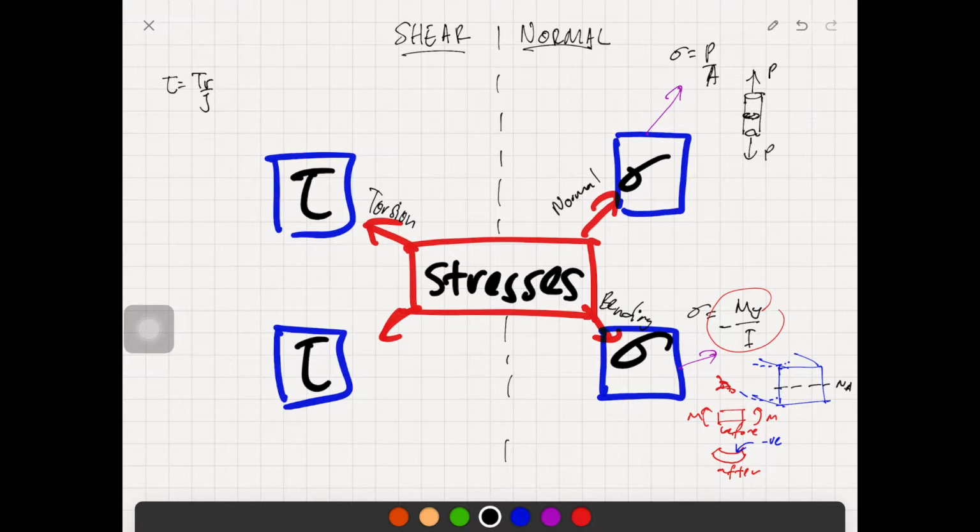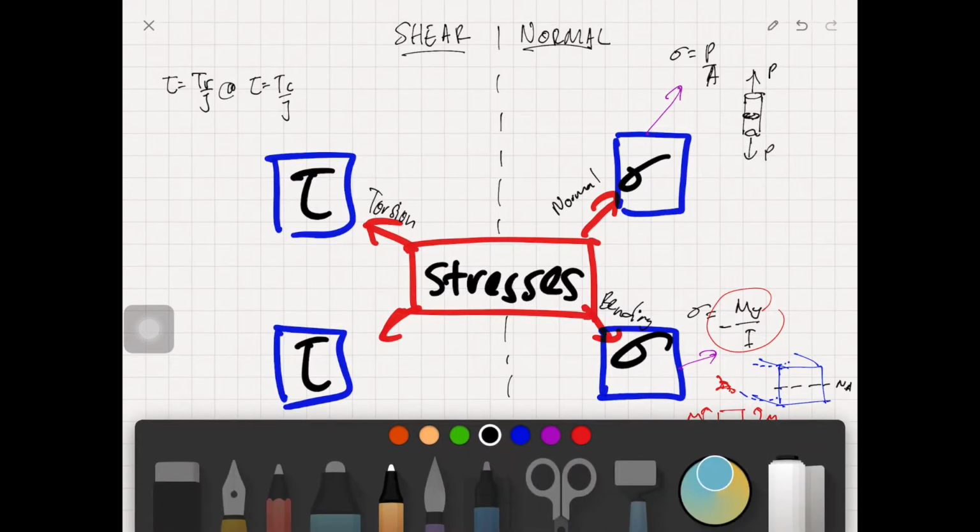Some textbooks use tau equivalent to Tc over J, where c is the farthest distance, or the outer radius of a shaft. Typically, torsion can be in terms of not simply a shaft; it could be a rectangular beam.